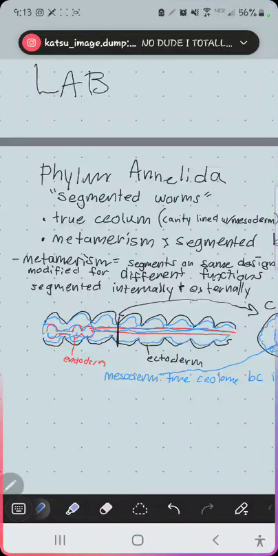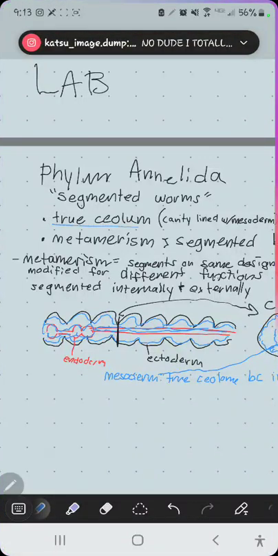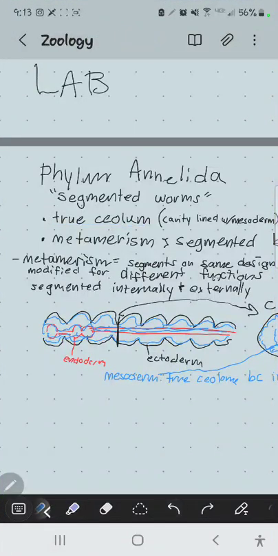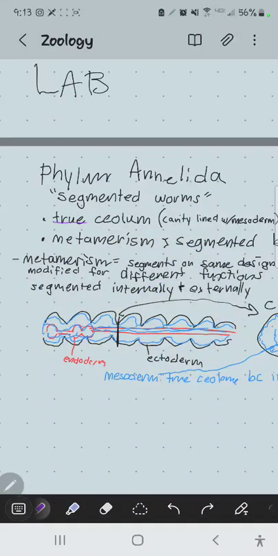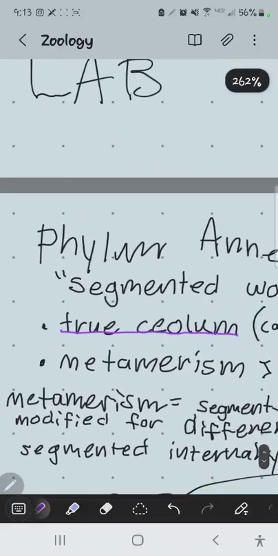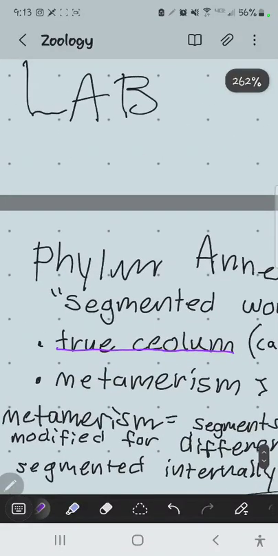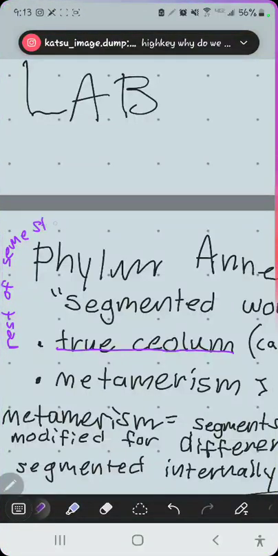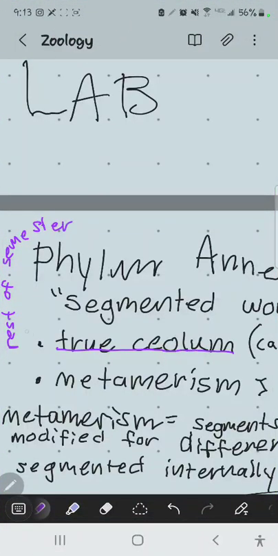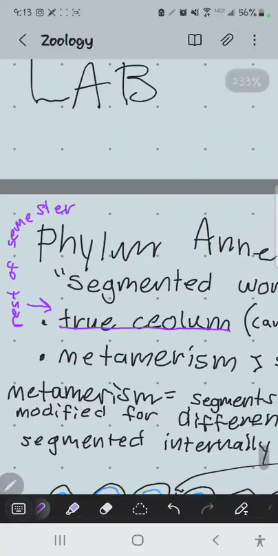Okay. So we have a cross section here. Here's one feature I want you to check out. Because earthworms are eating their way through the soil, it is passing through their intestine. They don't have a coily intestine like you'd think of a mammal has, because they're basically eating their way through the soil, and it just passes through the intestine. But they do have an increased surface area for absorption.